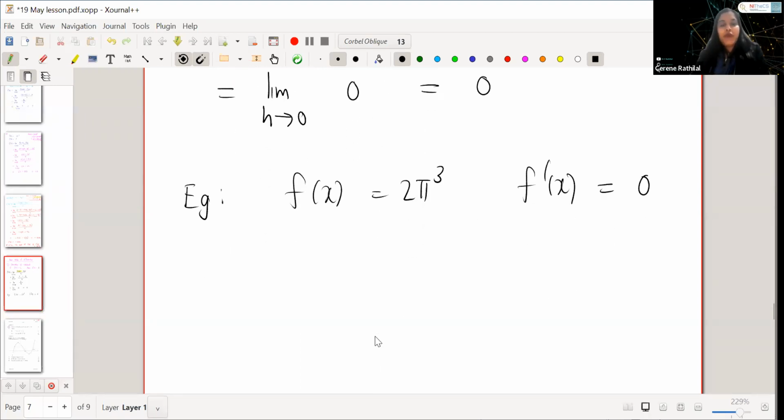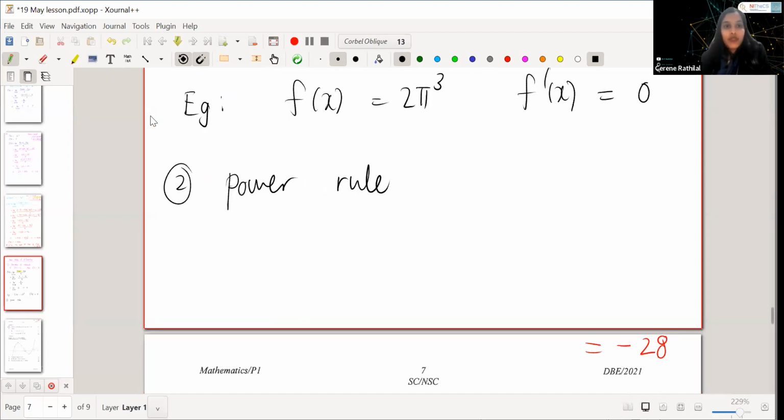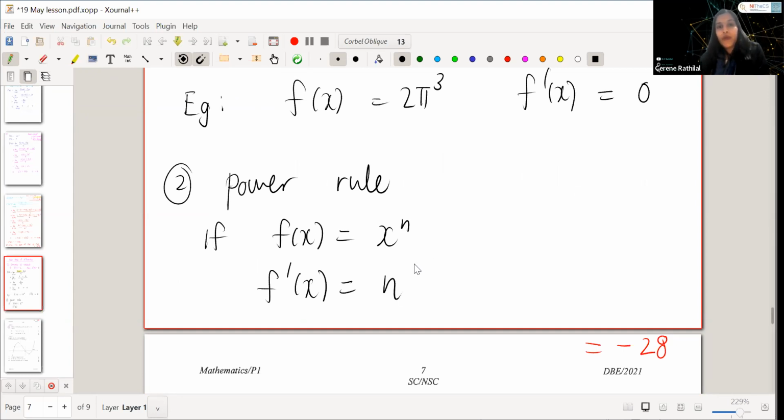The next rule that we want to discuss is the power rule. Okay, and what the power rule tells you is the following. If f of x equals x raised to the power n, then f prime of x is equal to, so you take the power and you write it down as a coefficient.